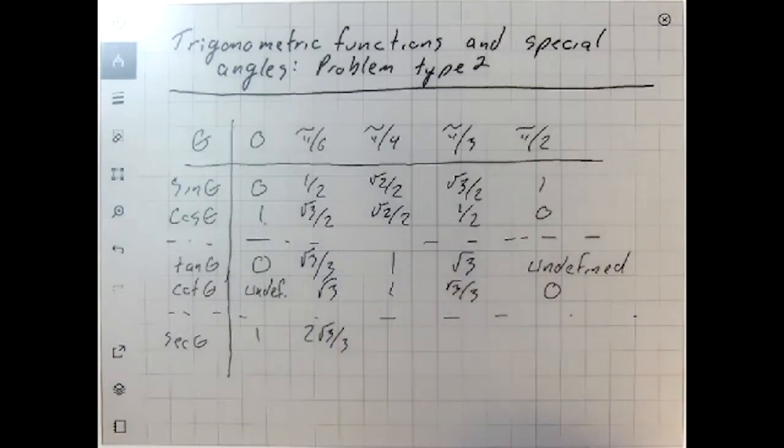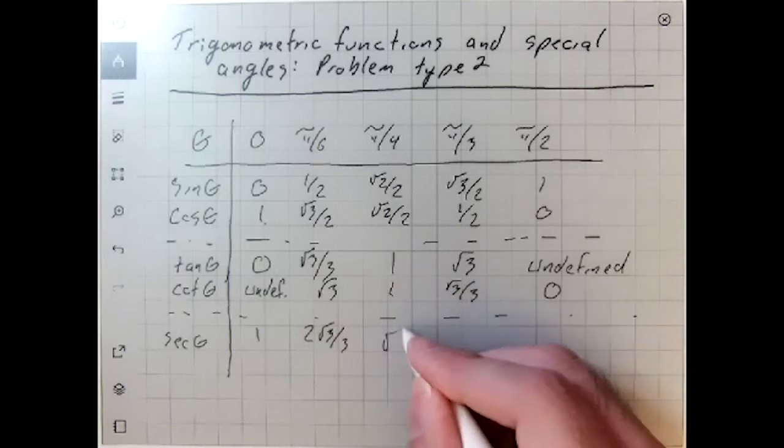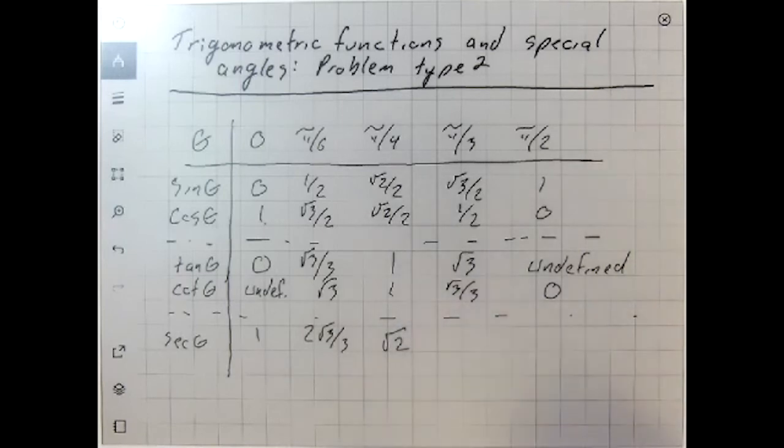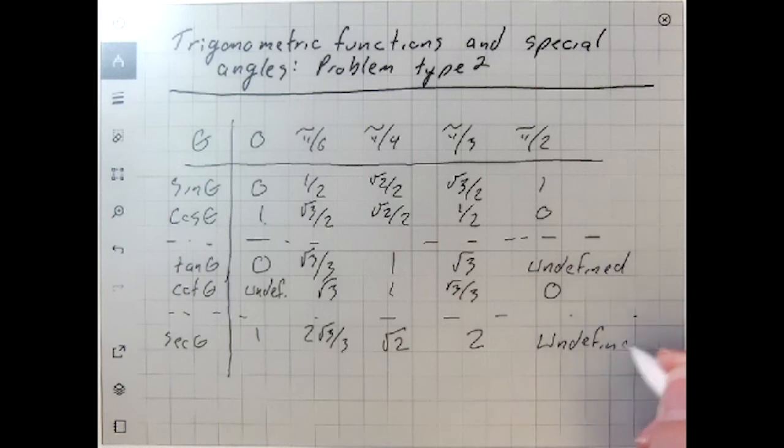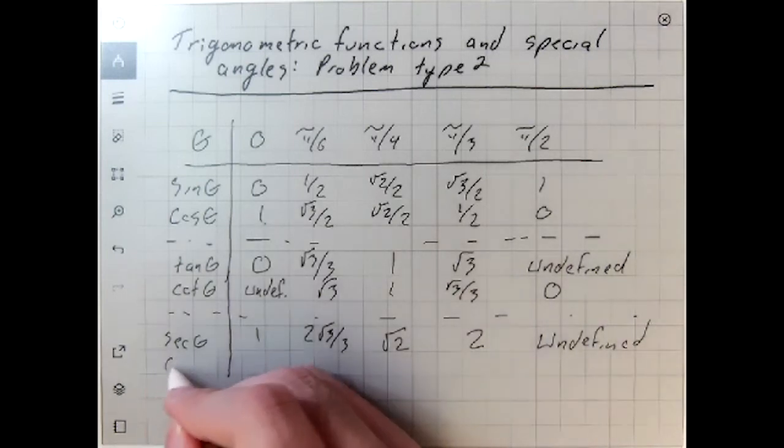Square root of 2 over 2 becomes 2 over the square root of 2, which rationalizes and is just the square root of 2. 1 over 1/2 is 2, and 1 over 0 is undefined.